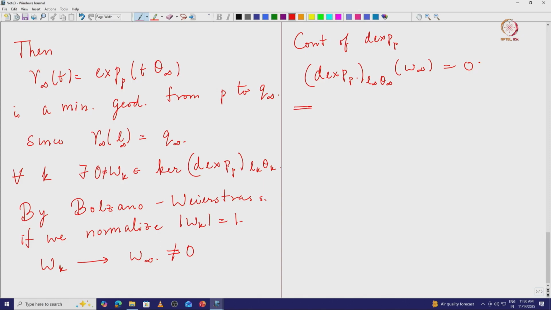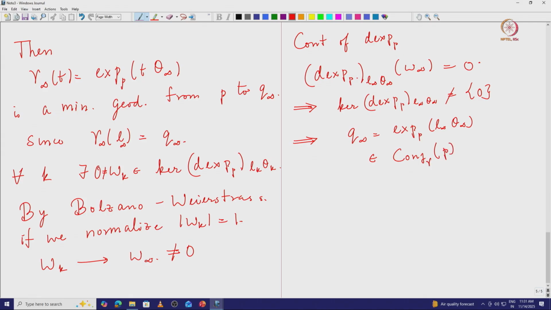So this implies that the kernel is non-trivial, which implies that Q infinity, which is the exponential of L infinity theta infinity, is a conjugate point to P along gamma infinity, which in particular implies by our lemma again that Q infinity is also a cut point.